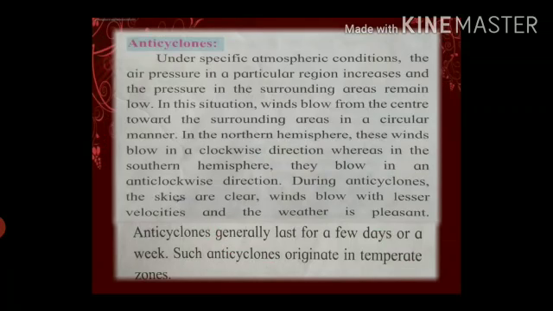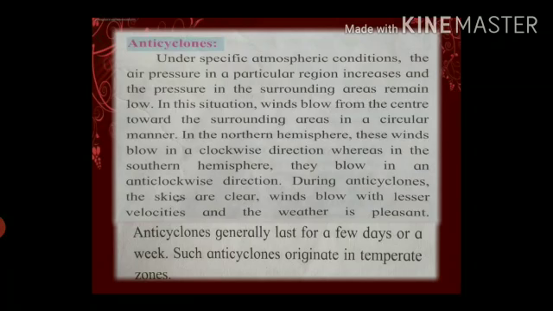Under specific atmospheric conditions, the air pressure in a particular region increases and the pressure in the surrounding areas remains low. In this situation, winds blow from the center towards the surrounding area in a circular manner.